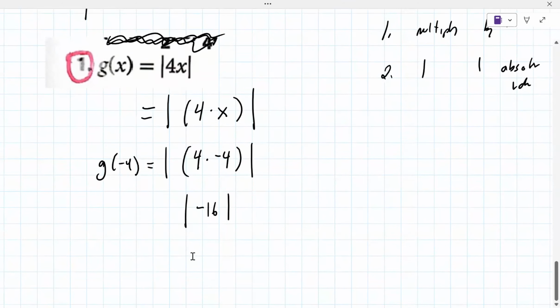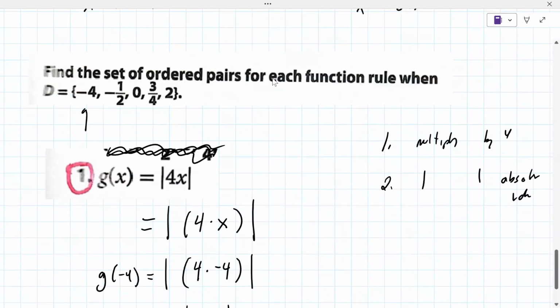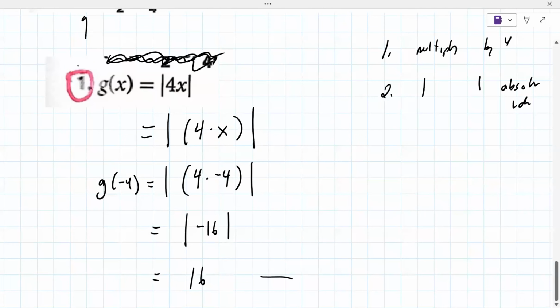Yeah. Okay, what is the result then? 16. 16, good. Now, the way the instructions are written, it says, find the set of ordered pairs for each functional rule. So the result here is (-4, 16). You have to write this ordered pair as your answer.